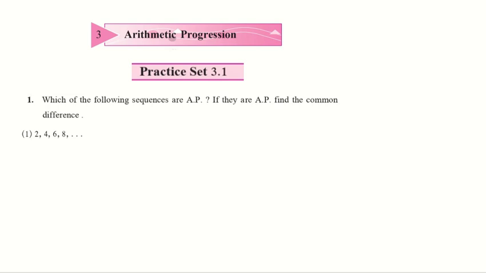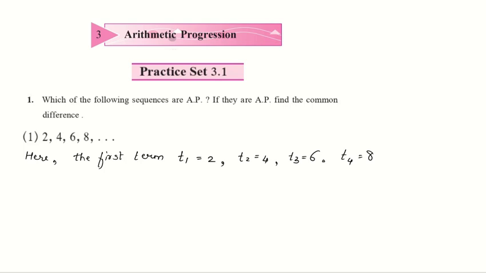The first sequence given here is 2, 4, 6, 8. T1 is nothing but 2, T2 is 4, T3 is 6, T4 is 8, and we need to find the common difference.